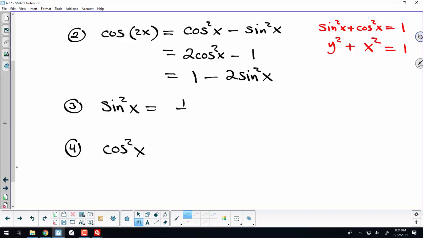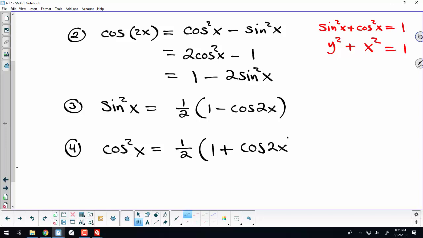Sine squared x is 1/2 times the quantity 1 minus cosine 2x. And for cosine squared, we use 1/2 times 1 plus cosine of 2x. All of these identities are extremely common. I would say you need to know the basic trig identities, because all of the other more obscure identities are based on these.